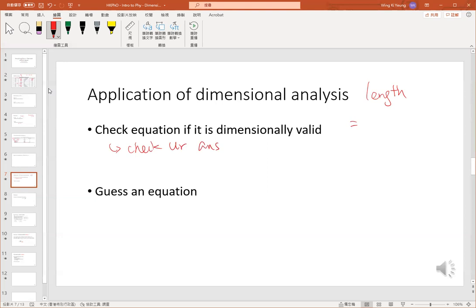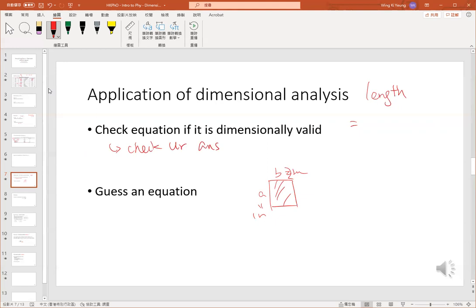The question may be very complicated, involving many terms and quantities. Take the area of a rectangle, where A is 1 meter and B is 2 meters.